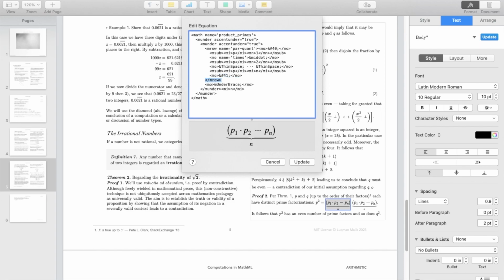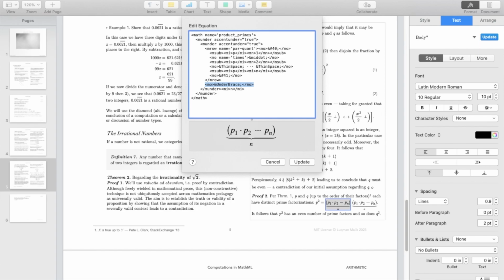Close the row. We're going to close our first, we're not closing our first underbrace yet, but remember, we have our underbrace right here. Close the subtending first subtending character.